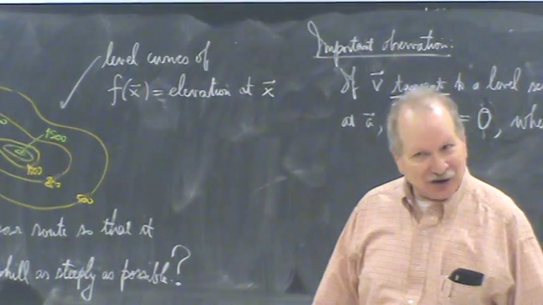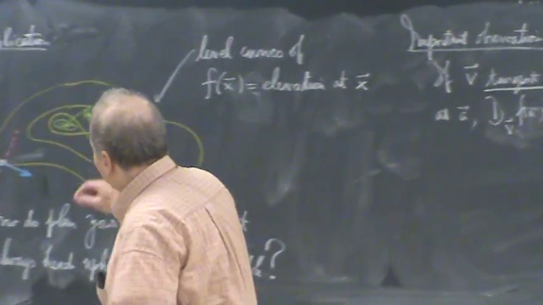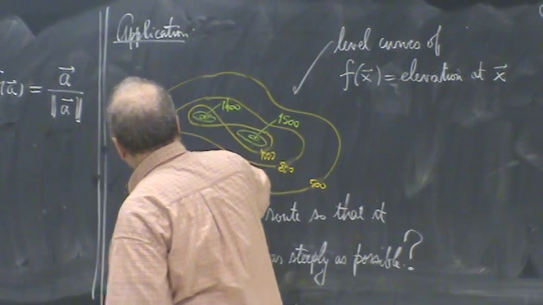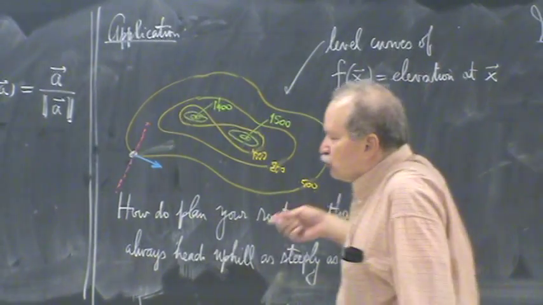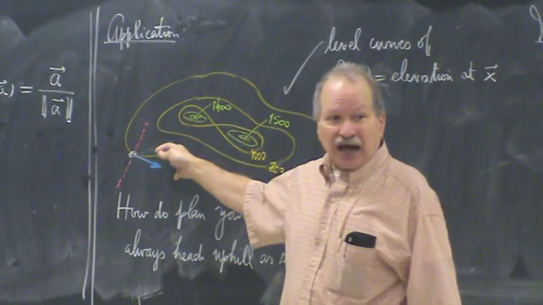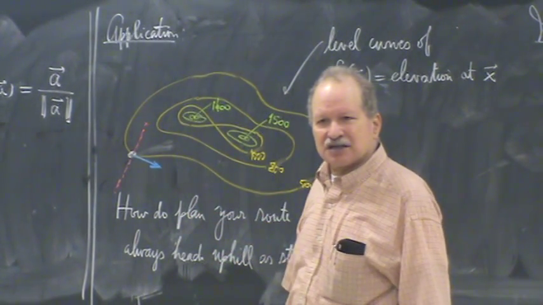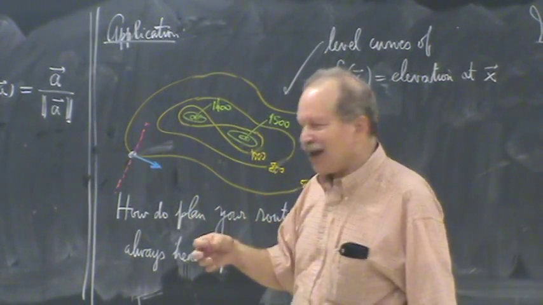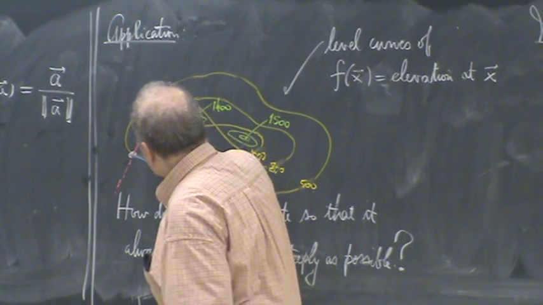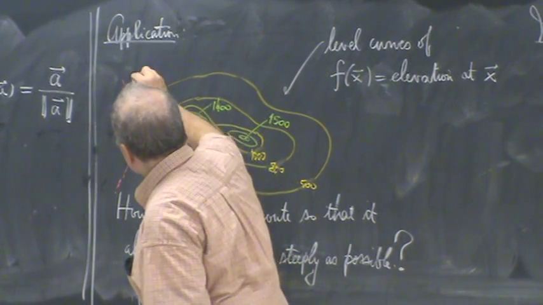But if you'll leave me alone, I'll infer that the gradient should point in this direction. Now, I don't know from this data how long the gradient is. This is not enough information for me to know for sure at what rate the height is increasing as I go in this direction.